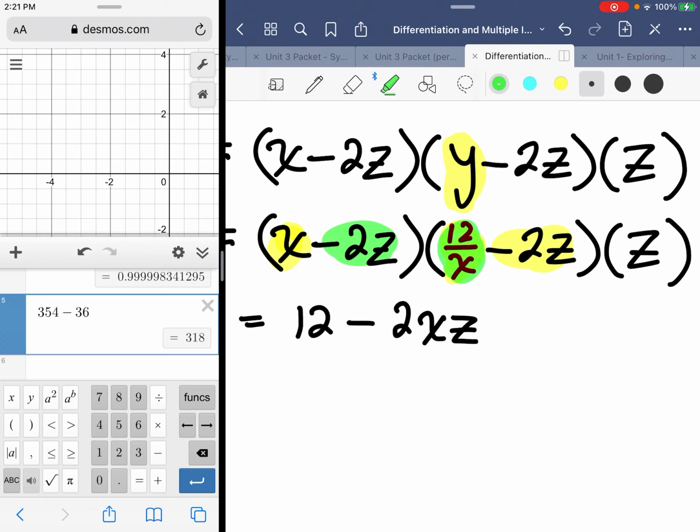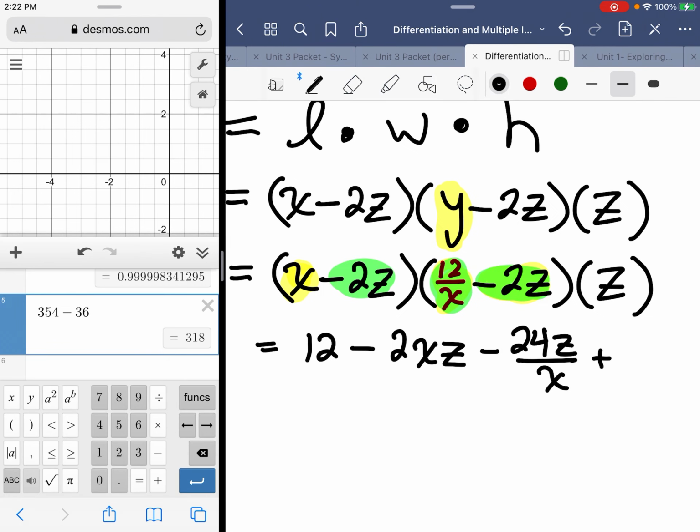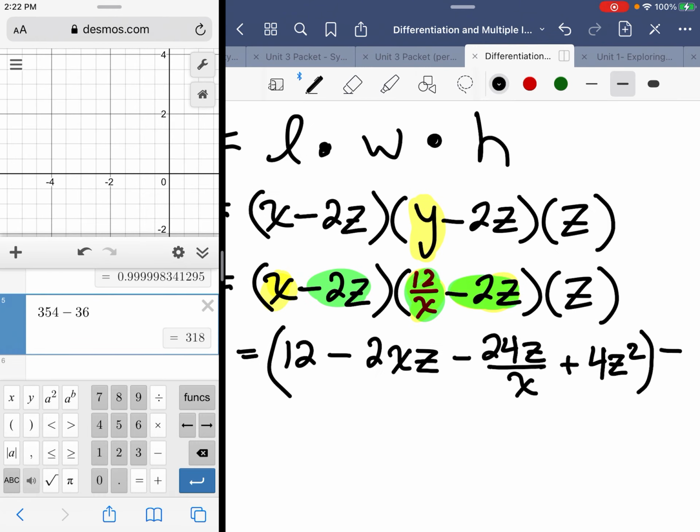Then I'm going to multiply through with the negative 2z. So that's going to give me a negative 24z over x plus 4z squared, and all of that is getting multiplied by z.